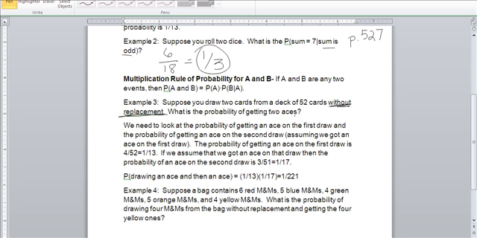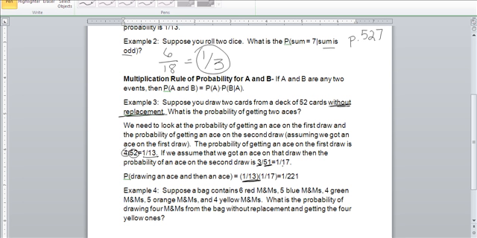All right. So on the first draw, when we go to draw the first card, the probability of getting an ace is 4 out of 52. That reduces down to 1/13. So on the second draw, we want to assume that we got an ace on the first draw. That means there are now only 3 aces left in the 51 cards remaining.